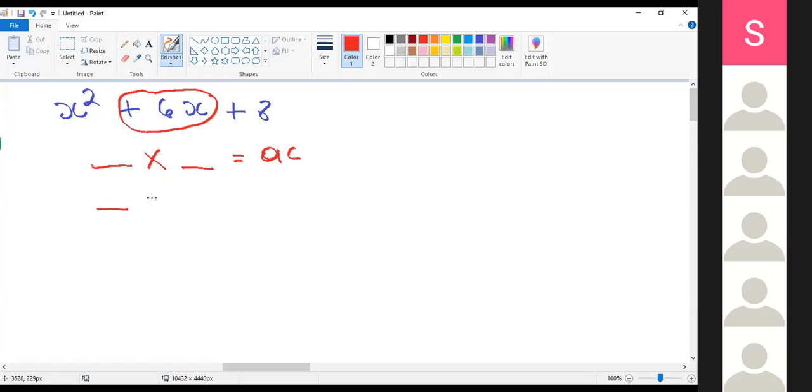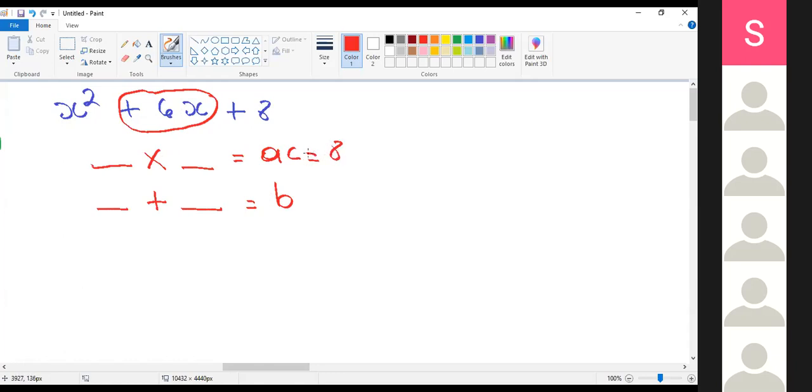And when you add those same 2 numbers, you're supposed to get B, right? Remember, B is the number in the middle, A is the number at the front, and C is the number at the end. So we have to find a value for AC. A is 1 and C is 8, so AC in this case would be 8.